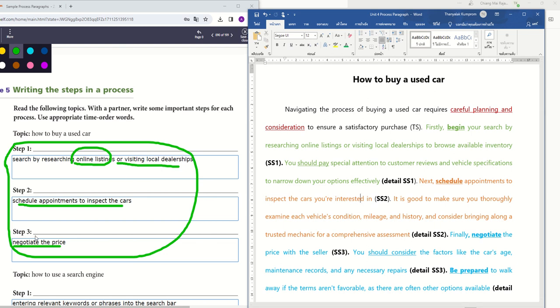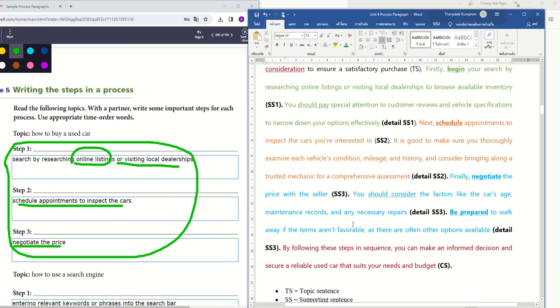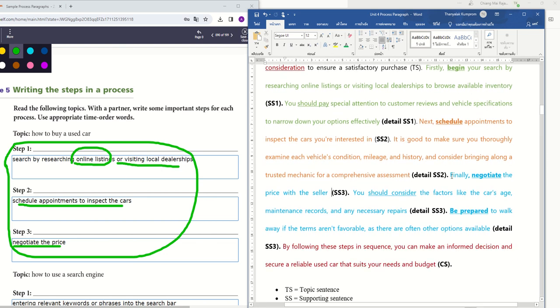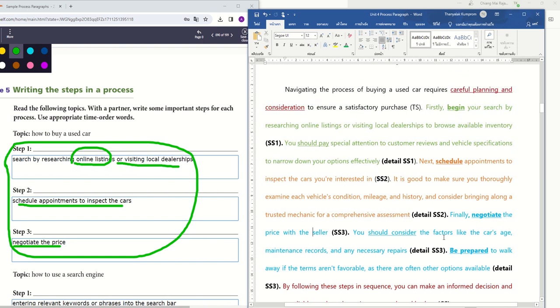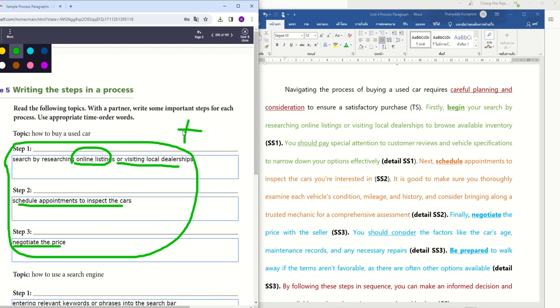And step number 3: finally, negotiate the price with the seller. So there are 3 steps of careful planning and consideration, based on the mind mapping from page 90.